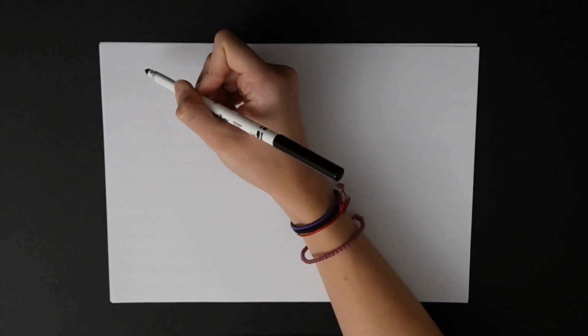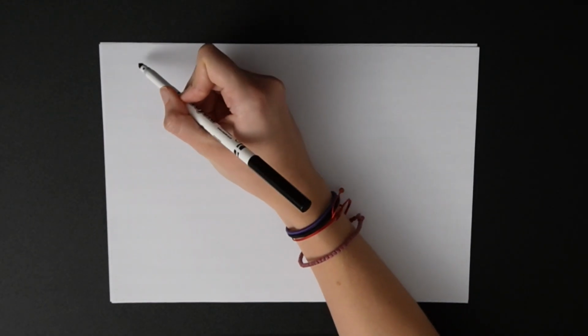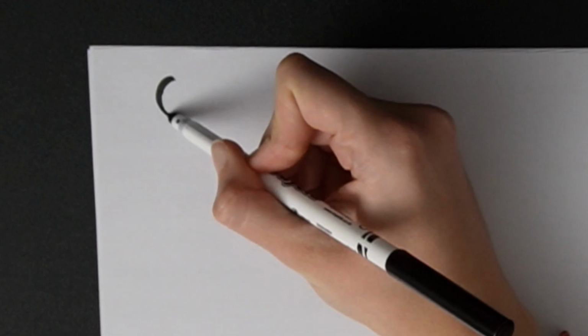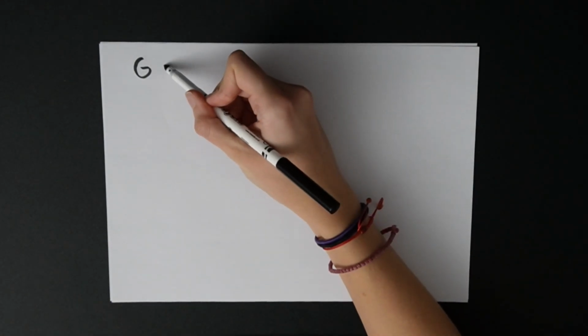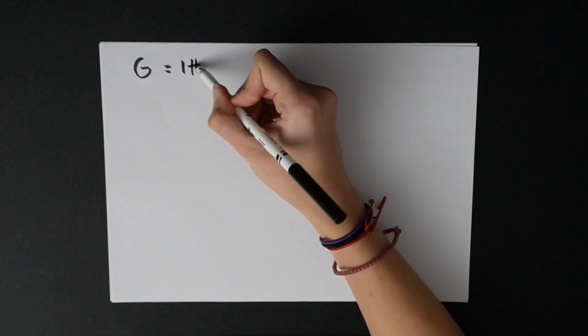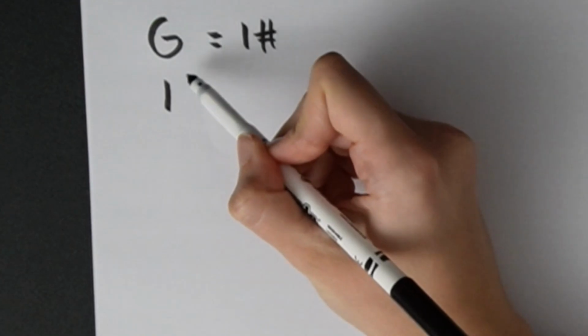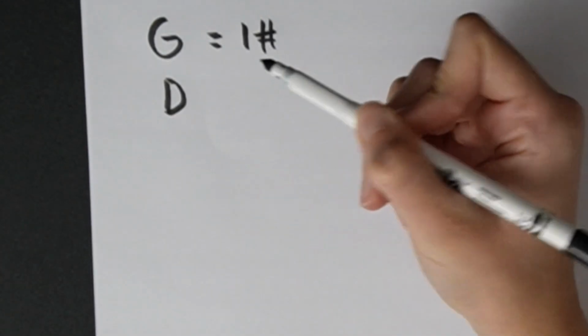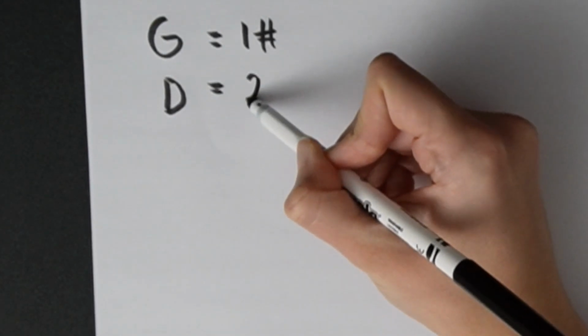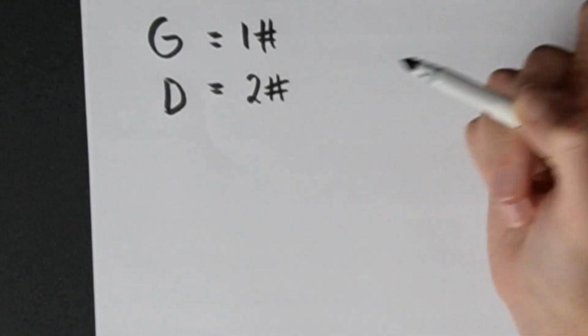If a key has one sharp, you can think about it as one line. If it has two lines, 1, 2, there's two sharps in that key.